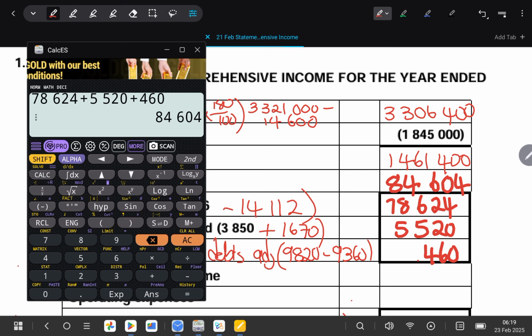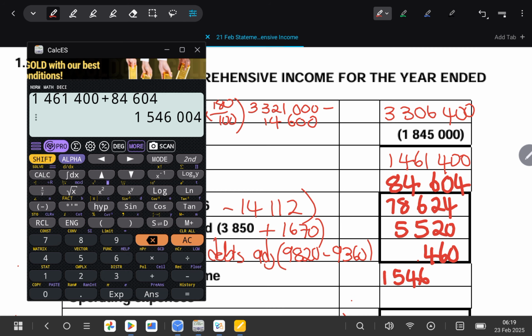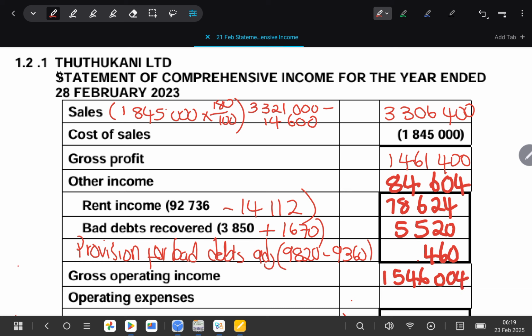So remember, 78,624 plus 5,520 plus 460, and then we are going to say 1,461,400 plus 84,604. It gives us 1,546,004. Okay, I hope this makes sense, guys.